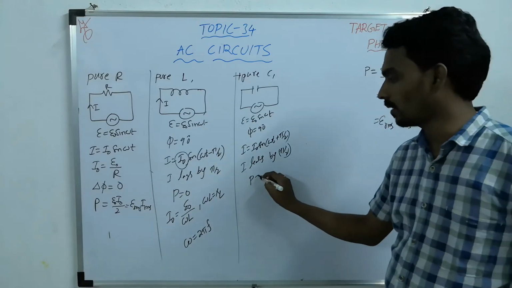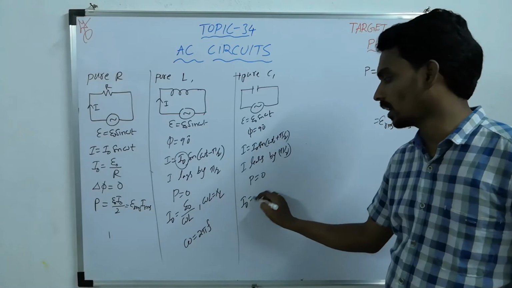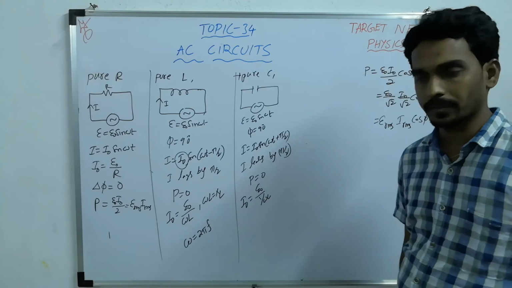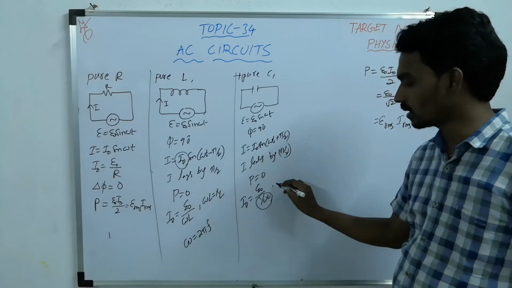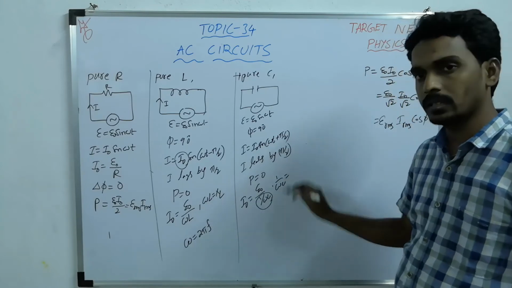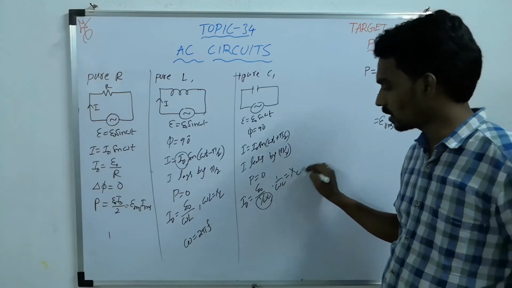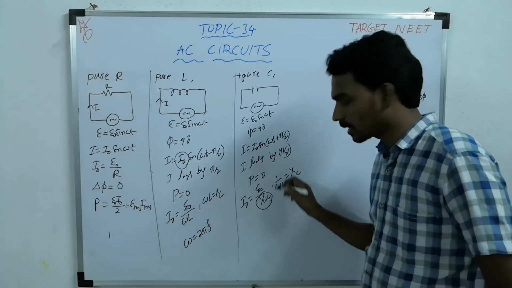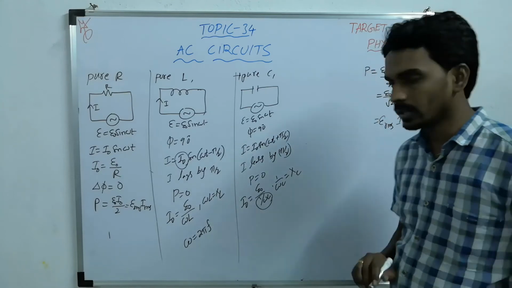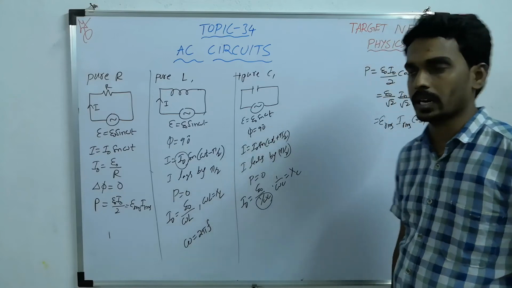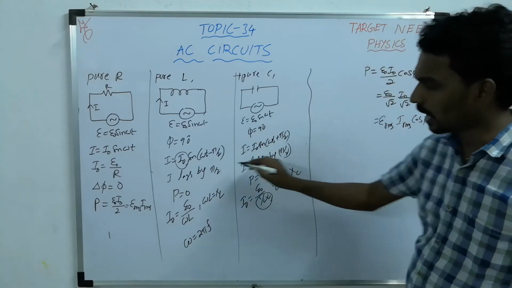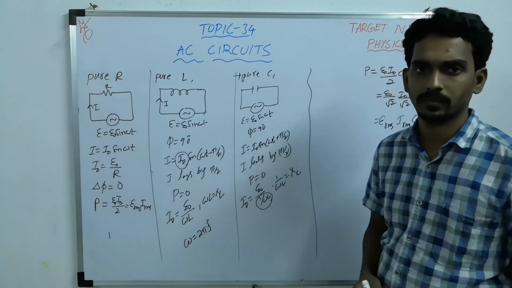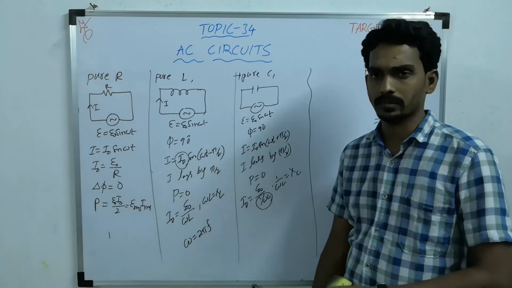Here also average power is 0, and the current amplitude is epsilon naught divided by 1 by omega C. This 1 by omega C plays the role of resistance and is called XC, the resistance of the capacitor, or capacitive reactance. Inductive reactance, capacitive reactance: based on these formulas, questions can come. This is a simple type of question.